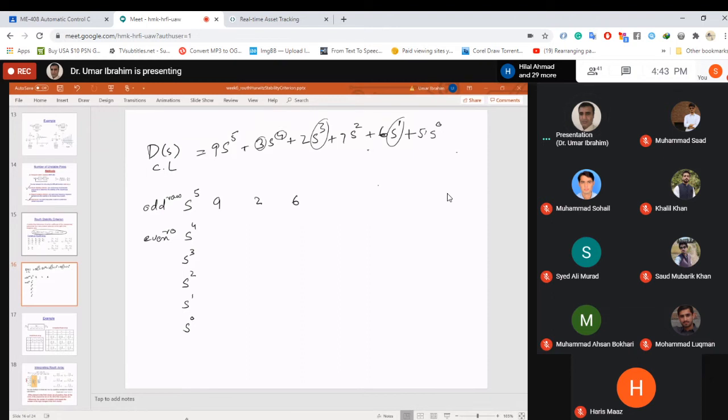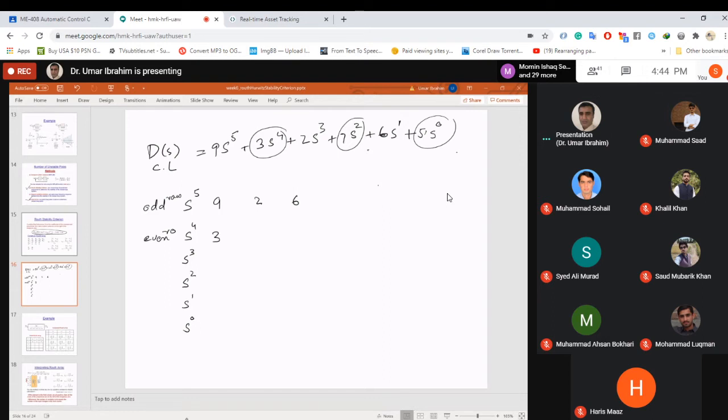Now, s raised to the power 4 coefficient is 3. Since this is an even row because the first power is even, the second even power is s raised to the power 2, and the third even power term is s raised to the power 0. We will treat 0 power as even.